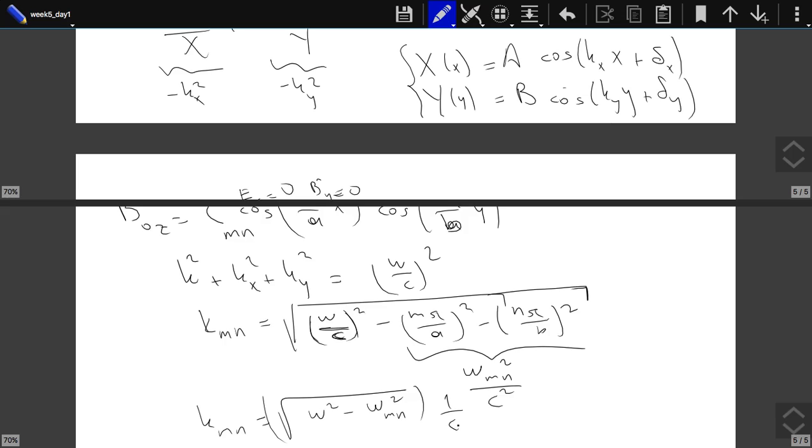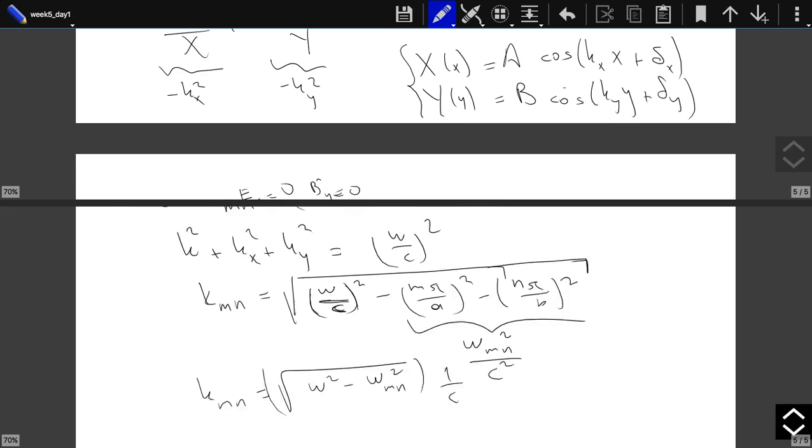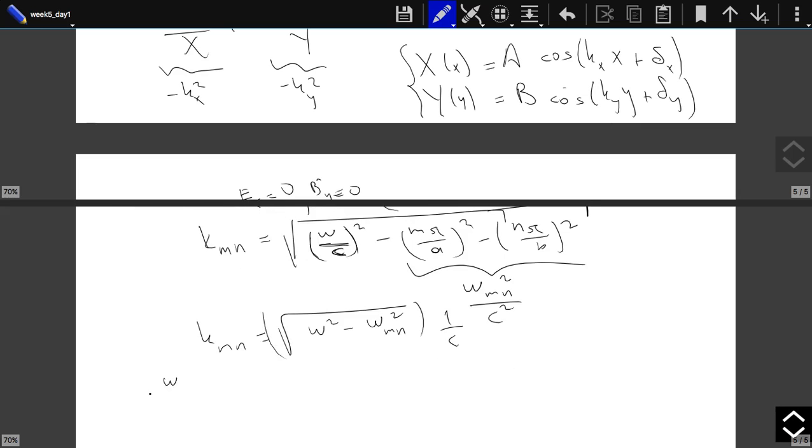Let's look at the phase velocity. This is a wave moving in the z direction, so the phase velocity will be omega over k. This is equal to omega over kmn, which is omega over the square root of omega squared minus omega mn squared, times c.